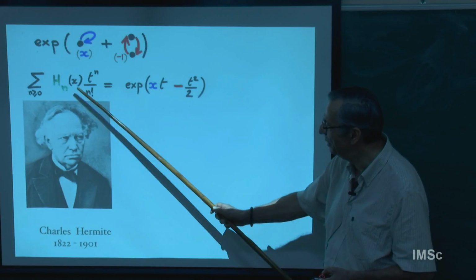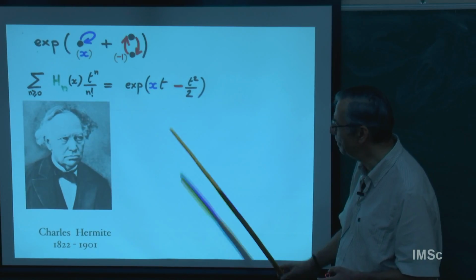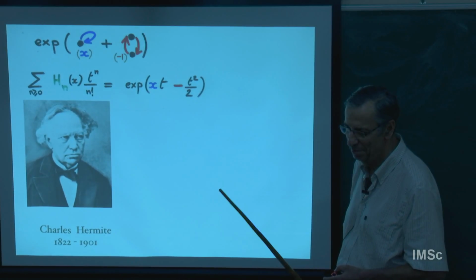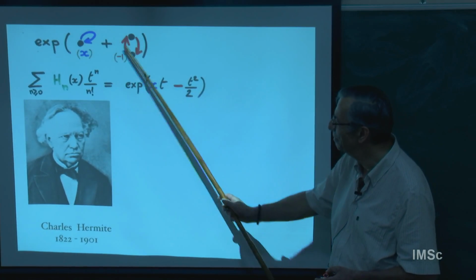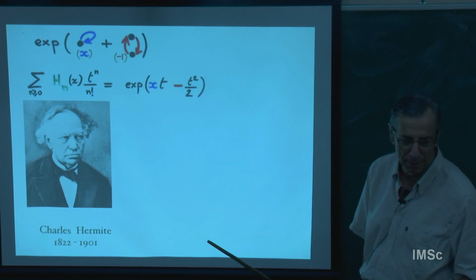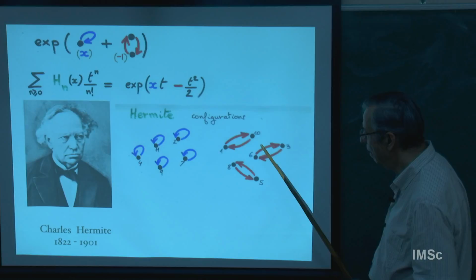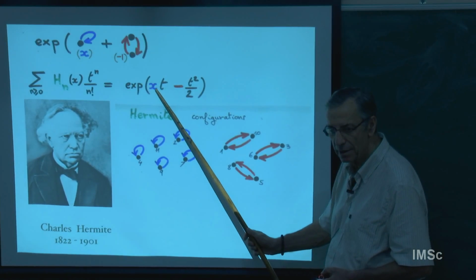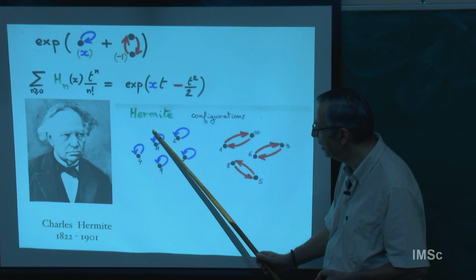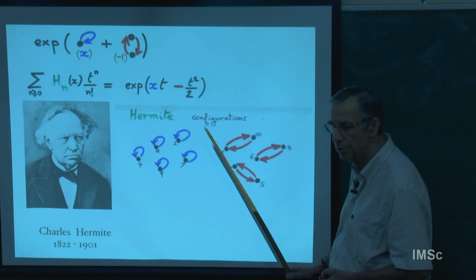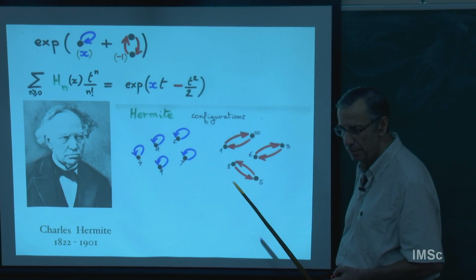So it's a polynomial in x, and the exponential generating function is exponential of xt minus t² over 2, which in symbolic way I can put like this. So you can see immediately the interpretation of a Hermite polynomial in terms of some configuration. So xt is going to be this blue point, and minus t² over 2 is going to be this cycle of length 2.